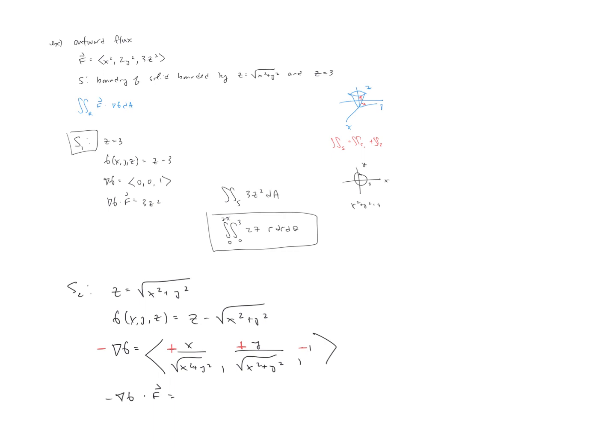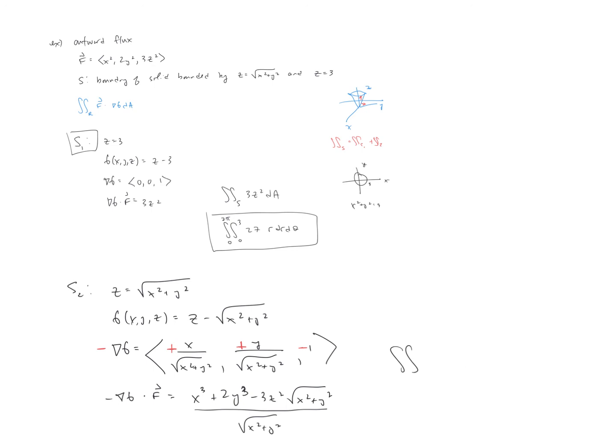When I do this, that's going to end up giving me an x cubed plus 2y cubed minus 3z squared square root x squared plus y squared all over the square root of x squared plus y squared. And so that is truly what I'm going to end up dropping in front of this integral right here.